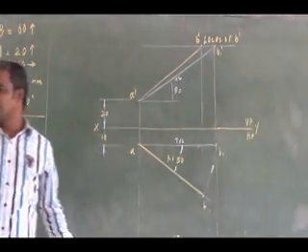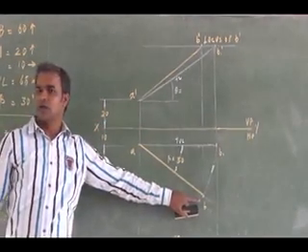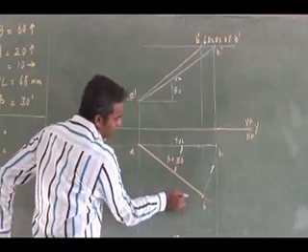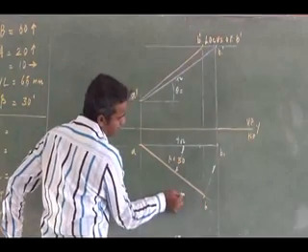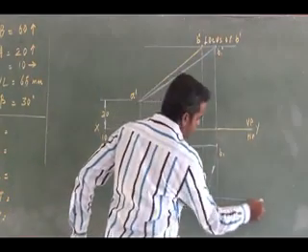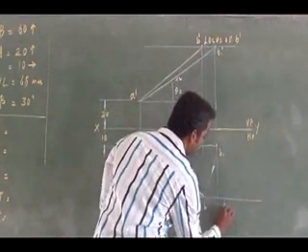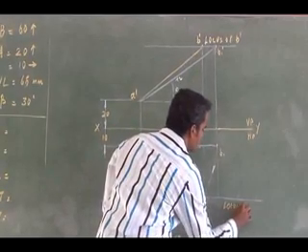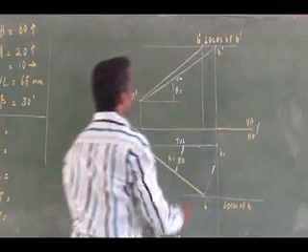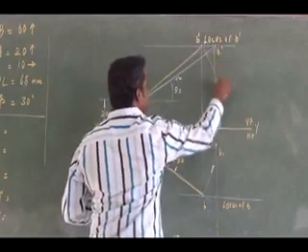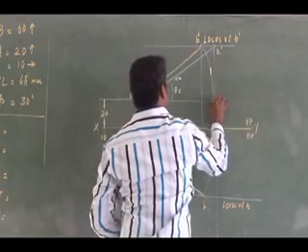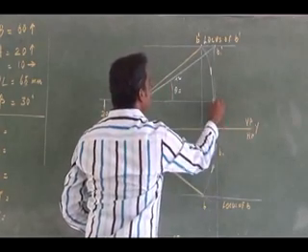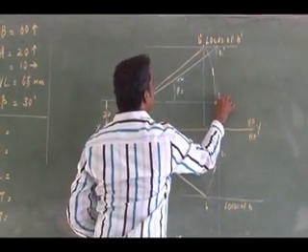Do you have the bottom locus? At B I can draw a bottom locus parallel to the reference line. This is nothing but my locus of B. By rotating this, this is nothing but my B2 dash.